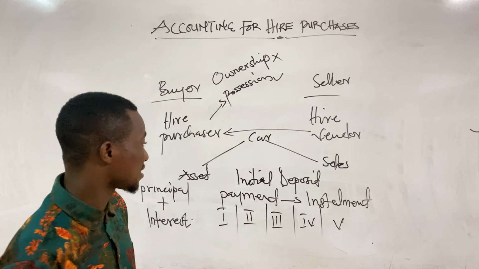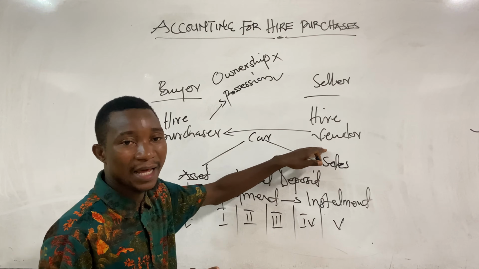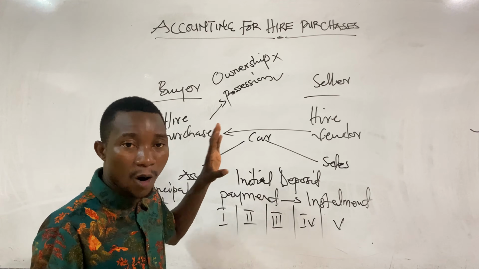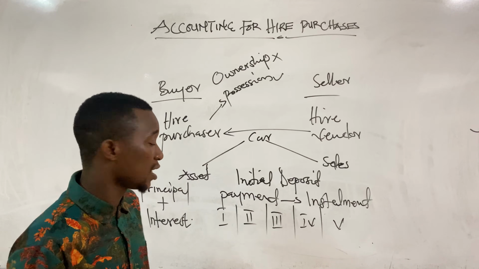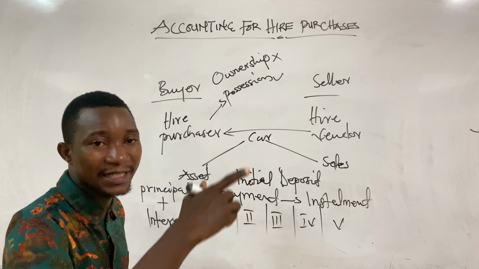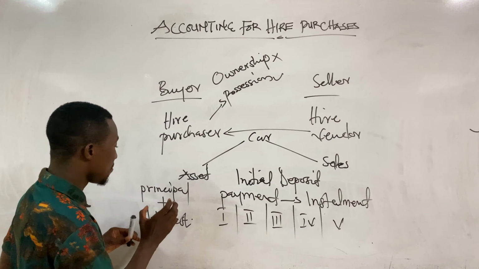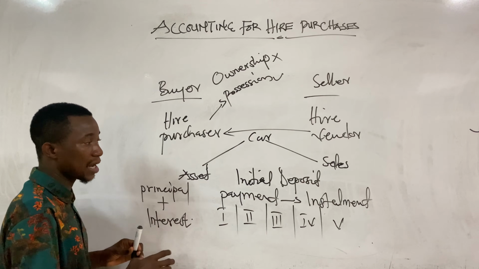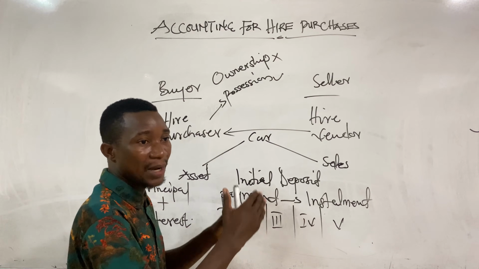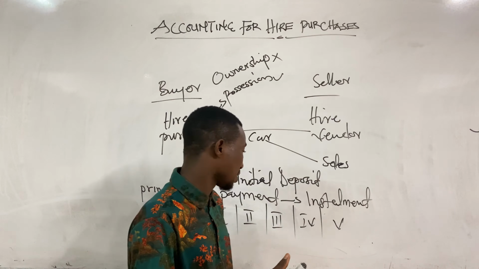But remember that for the initial deposit that the hire purchaser makes to the hire vendor, there is no interest, because payment is made at the beginning of the hire purchase contract. Because the installment payments are made after the agreement, there will be an interest component that will be paid plus the principal amount to the hire vendor. It can be done on a monthly or yearly basis.